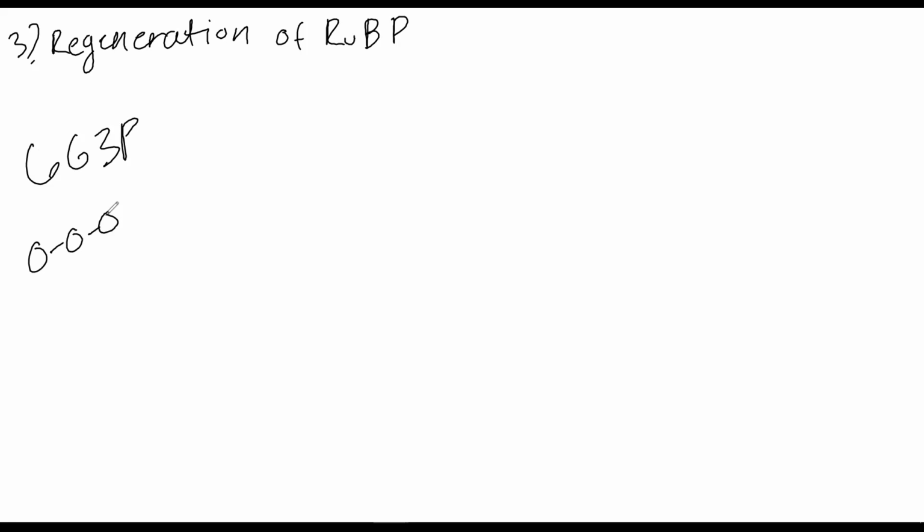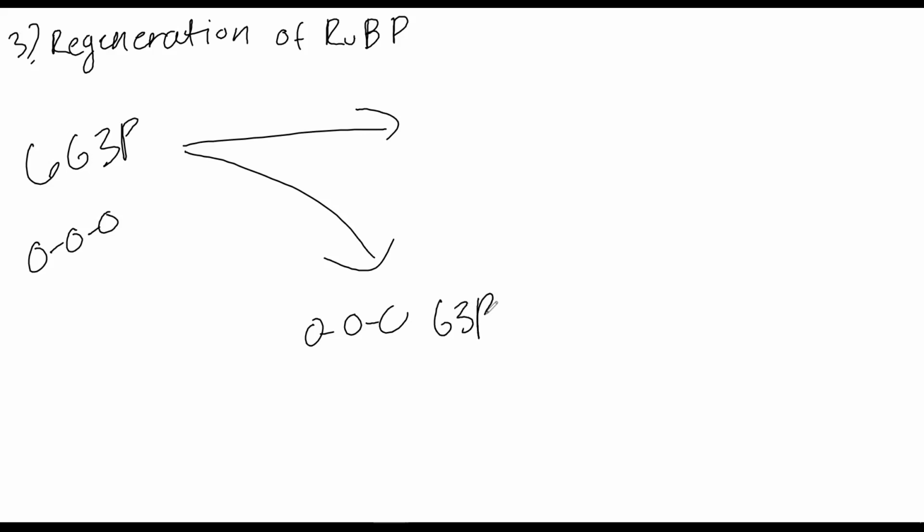I forgot to mention that. Every single cycle produces 2 of these 3-carbon molecules. So after 3 cycles, I have 6 of them. And what's going to happen? I'm going to combine 5 of them. I'm going to release 1 as part of the sugar. So this G3P is going to become part of our eventual glucose product.